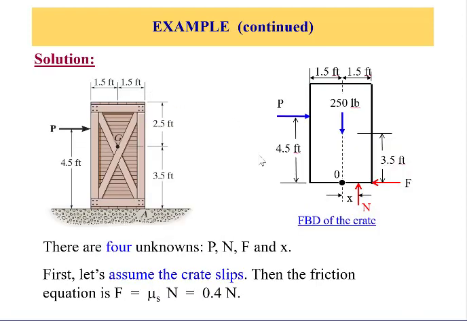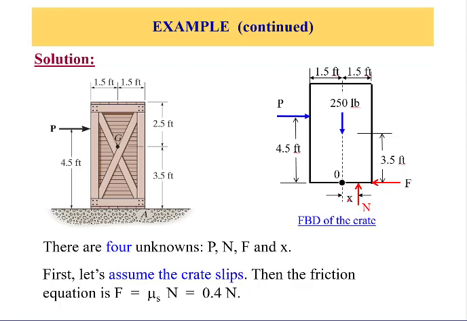So the first step is simply to draw the free body diagram of this object. We have a force at a known height, but it's unknown as a magnitude. We do have a friction force opposite to the direction of the movement, which is assumed to be to the left. We have a reaction force somewhere.